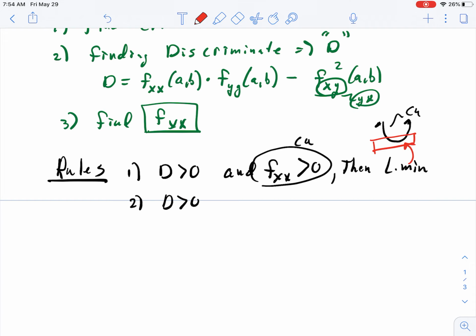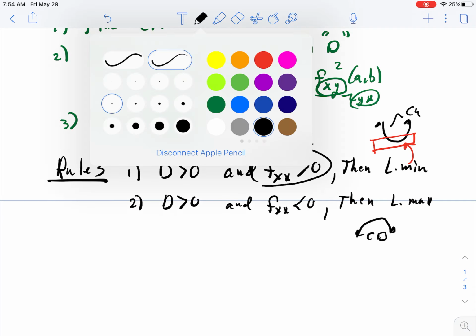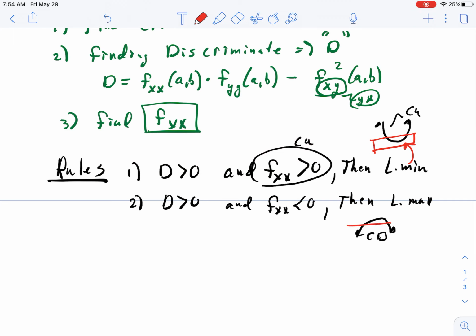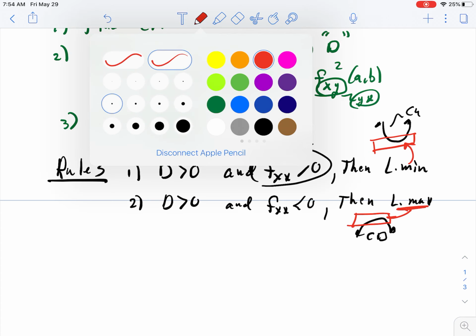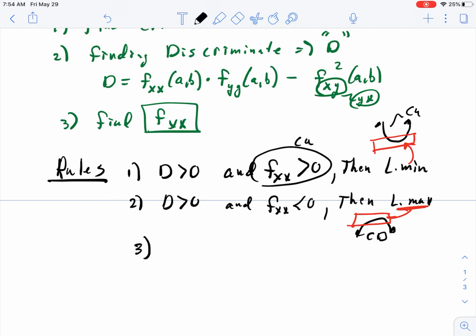That means my plane would be sitting on the bottom, so that would create a local min. Now, if my discriminant is positive, but my second derivative is less than 0, then you have a local max. Again, I think of it as concave down. So how is my plane going to sit? It would be sitting on top for a local max.